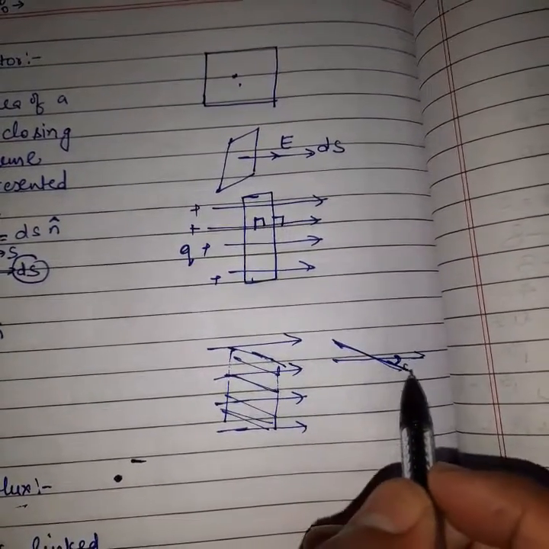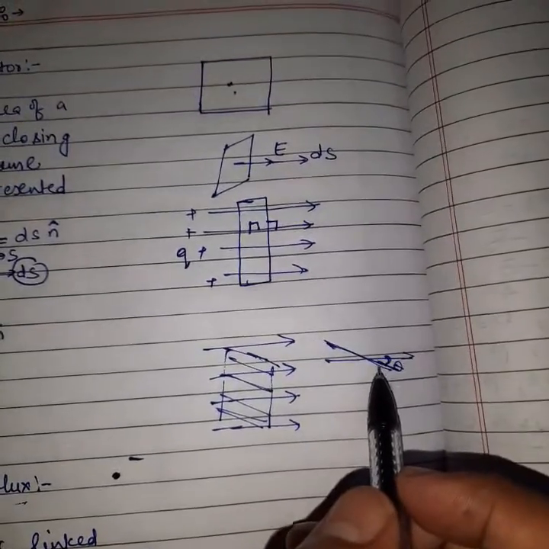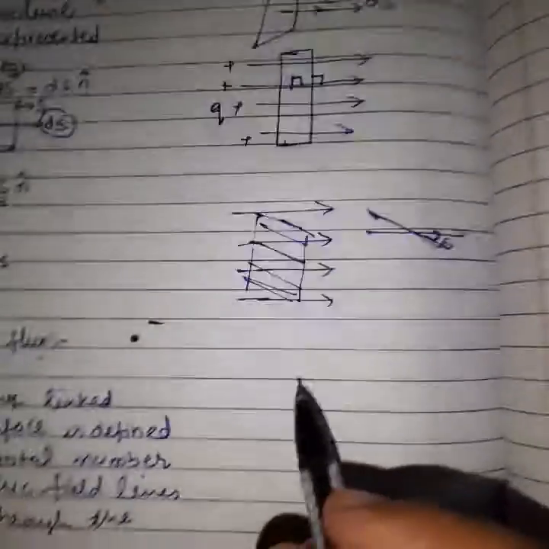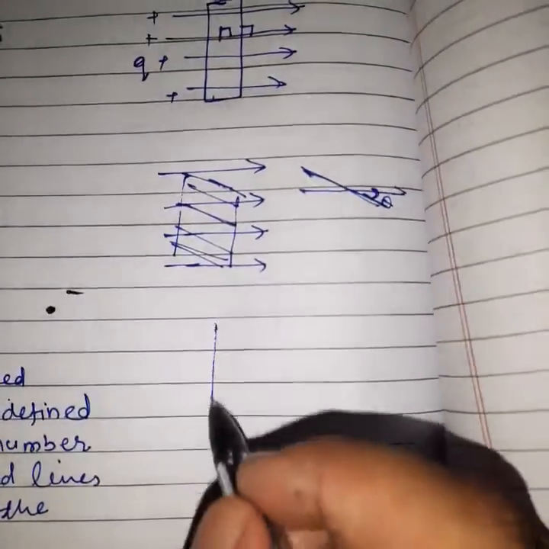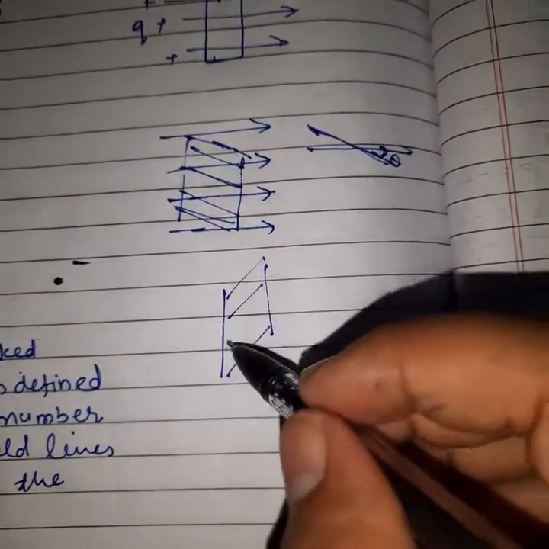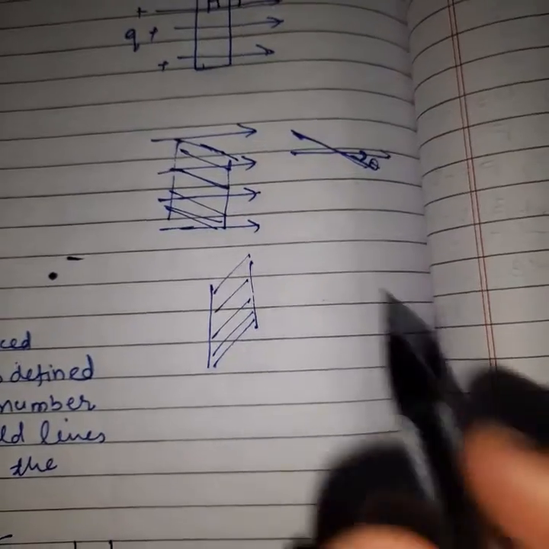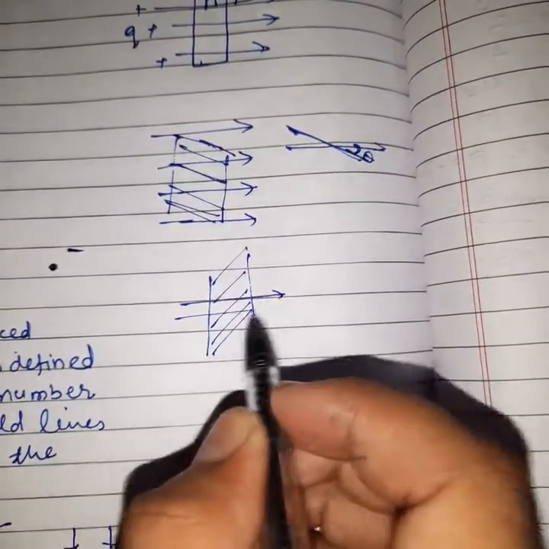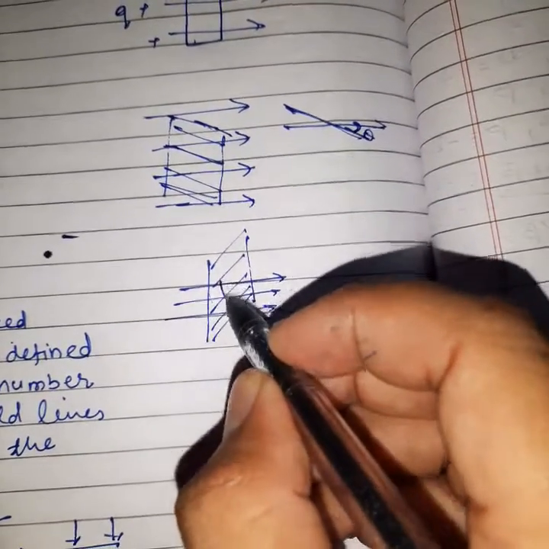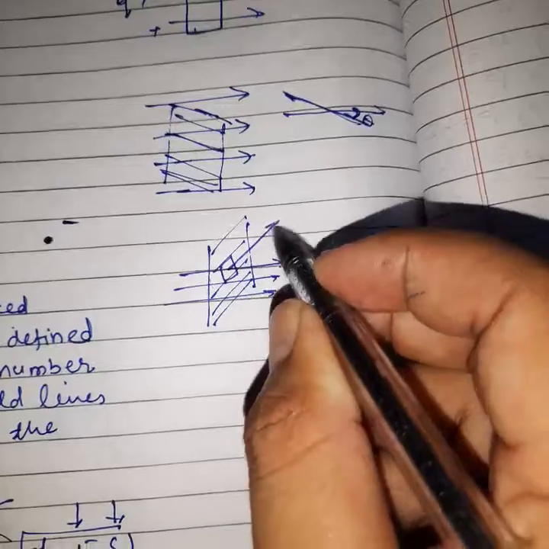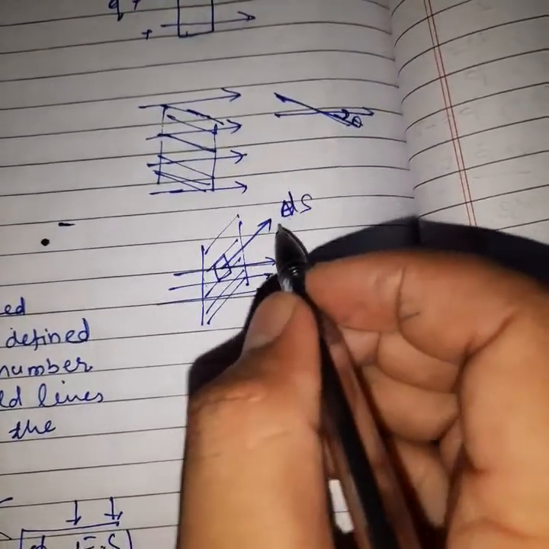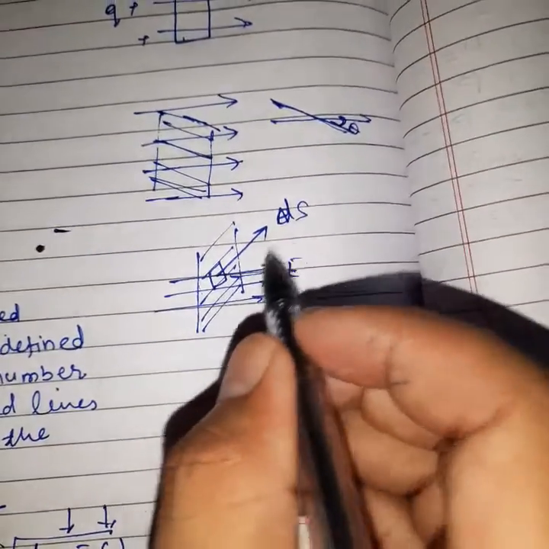Both are inclined at some angle, so we can say this angle is theta. Listen, this is our area like this, a little bit inclined. The electric field lines come outside from it, and the area vector will be perpendicular to the surface. This is the area vector, the surface area vector, and this is the electric field line. Both are making an angle of how much?